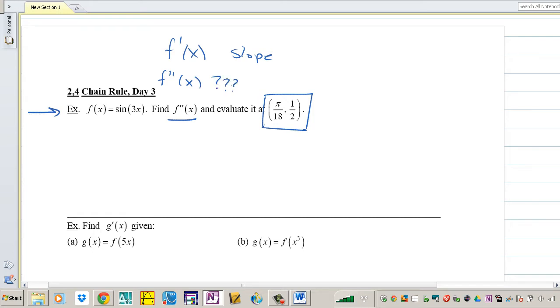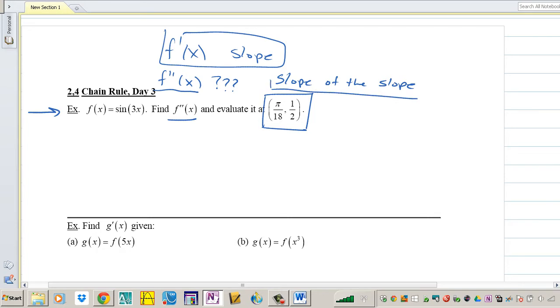Well, I can't teach you that yet, so that's going to have to wait, but to put it in simple terms, it's the slope of the slope, right? Because the first derivative is slope, the second derivative would be the slope of the slope. Slopeception going on, right?